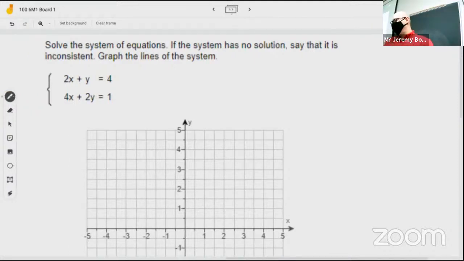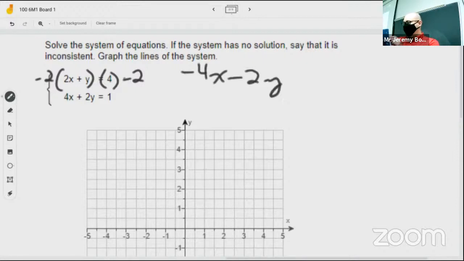What I notice here is that the left-hand sides are scalars of each other, right? If I multiply this by 2, it'll be the same as this. So let's try to multiply this one by -2 to get some elimination going, right? Is that what y'all did? Yeah. So we'll have negative 4x minus 2y equals negative 8.